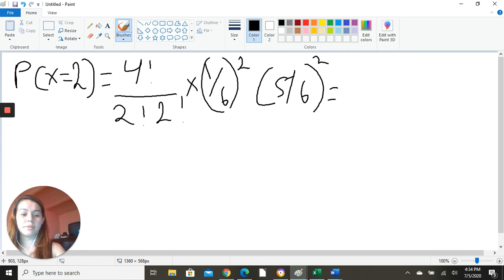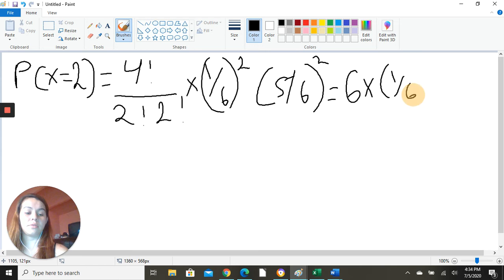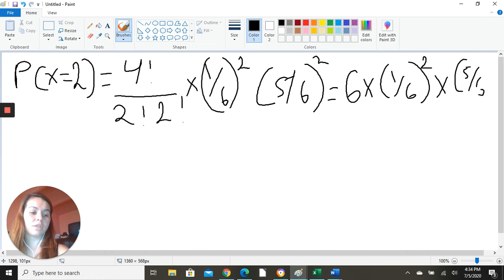equals 6 times, that's 6 multiplied by 1 over 6 to the 2nd times 5 over 6 to the 2nd power.